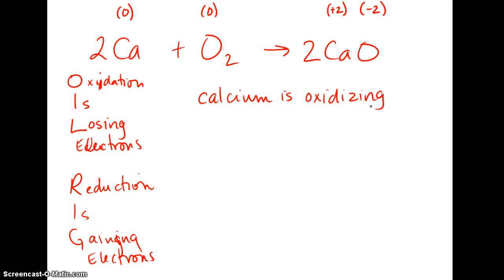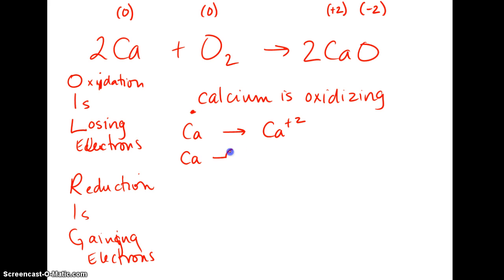All right? And I can tell simply because we have calcium with a 0 charge becoming calcium with a +2 charge. And I would write it that way. I would actually have no charge over here because it's assumed that it's a 0 charge. Now the other way that I can write this is actually to show that by an image.